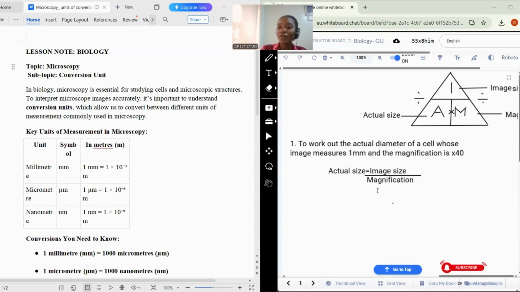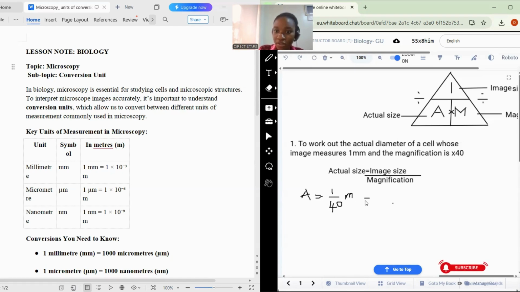You would say, okay, the actual size A, let's do a little calculation right here. So we would say the actual size A is equal to the image size. What's the image size? The image size here is 1 over the magnification, which is 40. And then don't forget to put your symbol, which is mm.